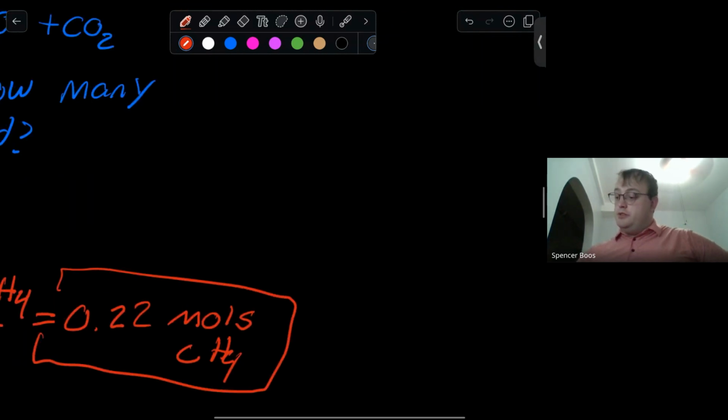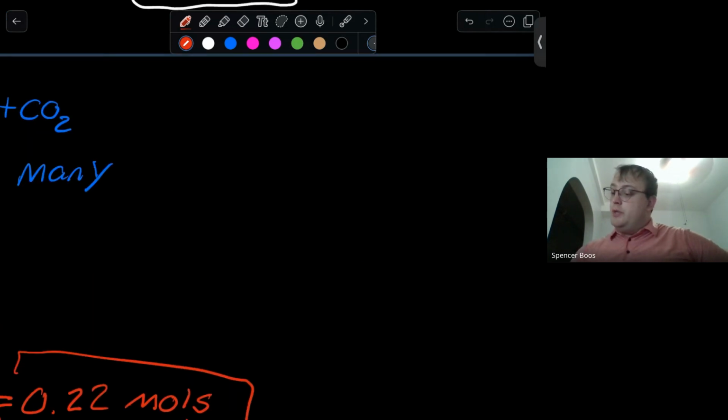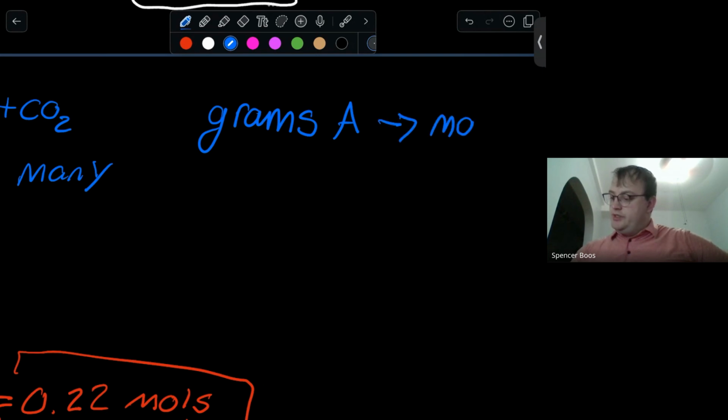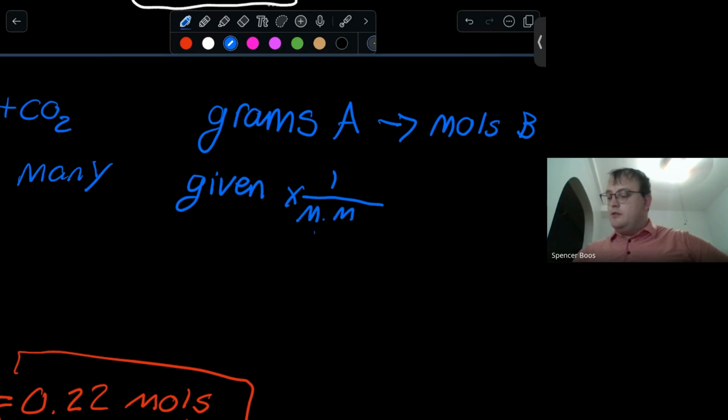Or in other words, when you need to go from grams of compound A to moles of compound B, you do your given times 1 over the molar mass of given times your mole ratio.